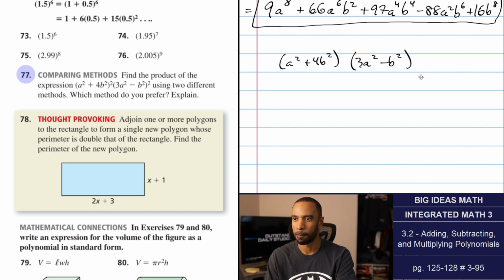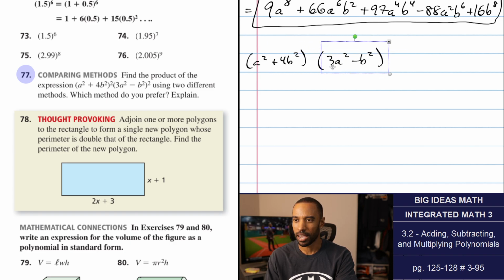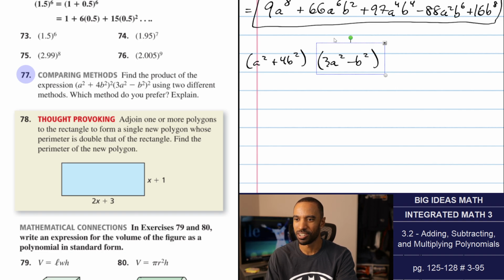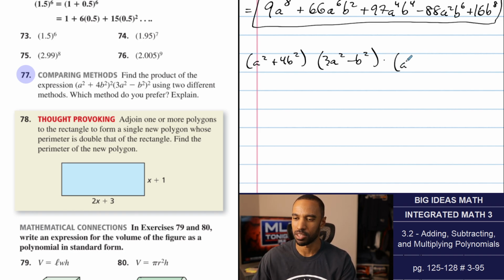So it's like a squared plus 4b squared times this plus, shoot, I can't move that parenthesis. This is hard to do. Excuse me. I need to condense this more. I don't know if this is what they mean. They probably mean Pascal's triangle, guys, I'm not using Pascal's triangle. Oh, well, I'll leave that there. I'll just condense the next one. Times another set of these. A squared plus 4b squared.